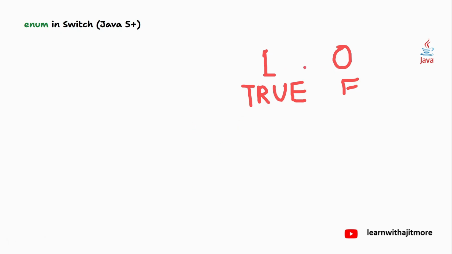But instead of using 0 and 1 in the code, if you use the words true and false, will it make the code more readable? The code becomes more meaningful, and you don't have to remember these numbers, what the number is for false and what it is for true. Getting? This makes your logic more meaningful. Instead of using constant numbers, we use such meaningful words. Okay, so you can do that using enum.